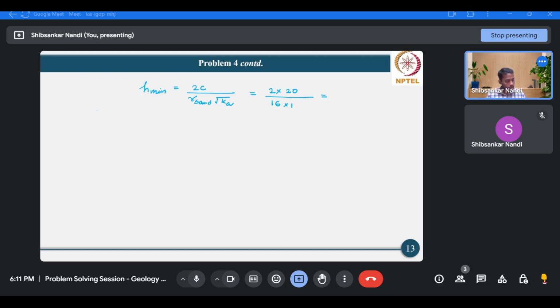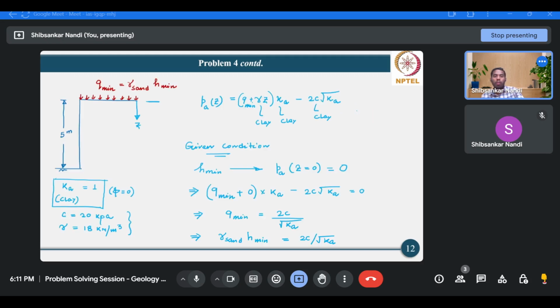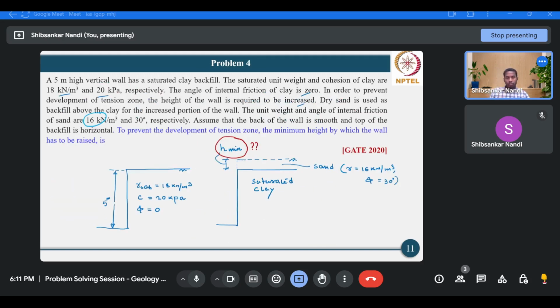So that means 40 by 16, so it's 2.5 meter. So if we increase the height of the wall by 2.5 meter, then there should not be any development of tension zone inside the backfill at any point in the backfill.